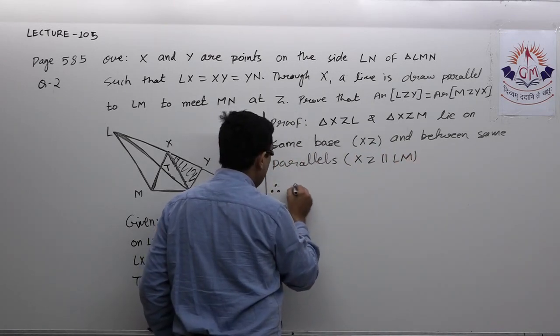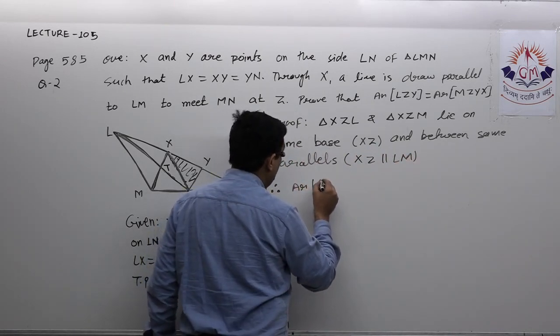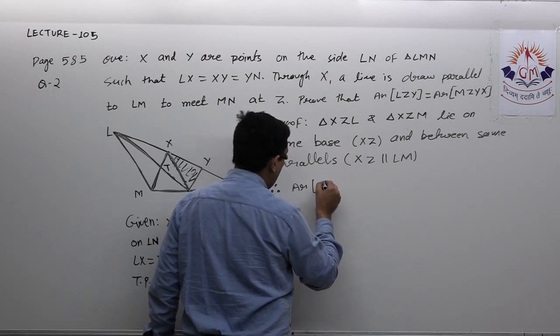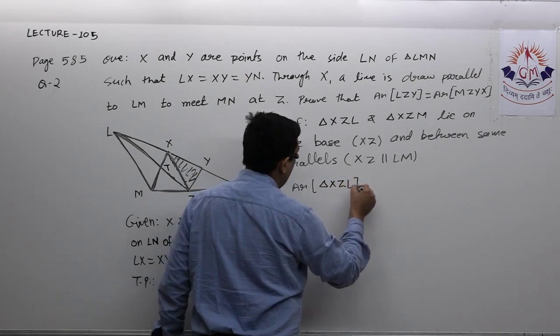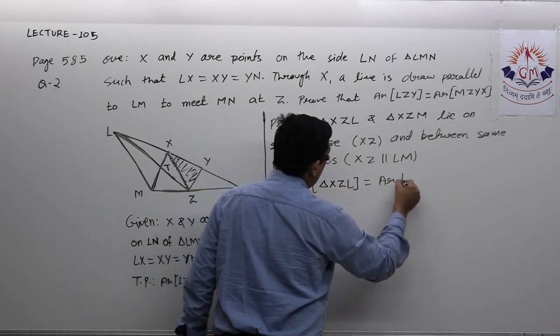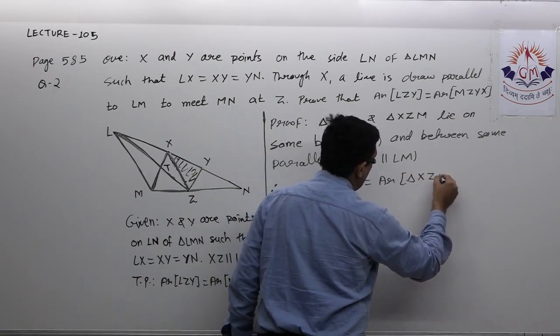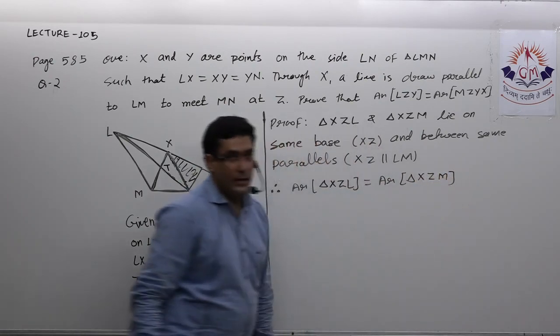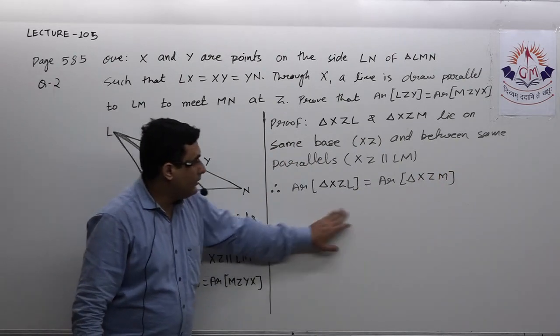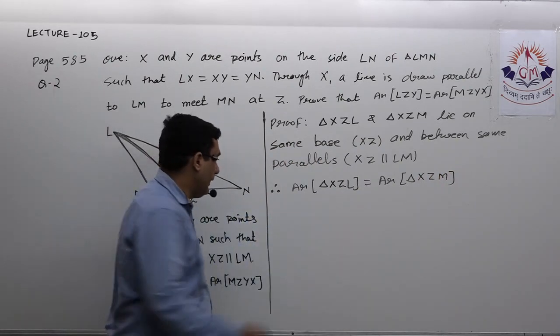Therefore, area of triangle XZL is equal to area of triangle XZM, as they are lying on the same base between the same parallels, therefore they must be equal in area.